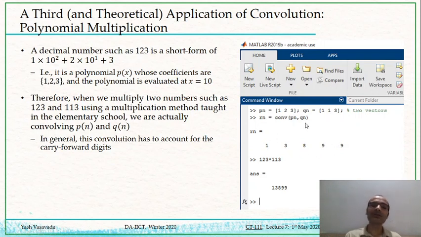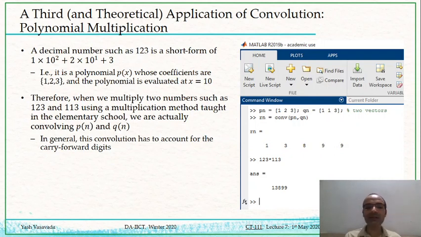Now you can do this on your calculator, or on a piece of paper. I just did it in MATLAB directly because MATLAB is essentially a calculator. I multiplied these two numbers, I got 13899, same as this r of n. So this is kind of a proof that when we multiply two numbers, we are doing convolution.